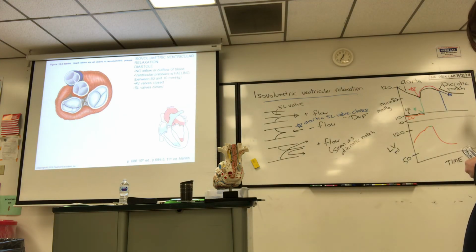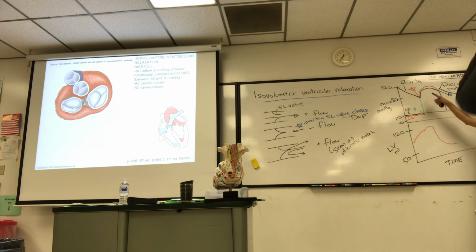Anyways, keep track of these stars, because that's like valves opening and closing. The bicuspid valve closed there. The aortic valve opened there, and the aortic valve closed there, making the dup sound. And as pressure drops, the whole point of the pressure dropping is you want to refill for the next one. Okay? Now, during this time, the volume is not changing.